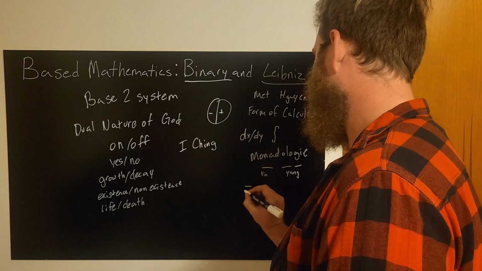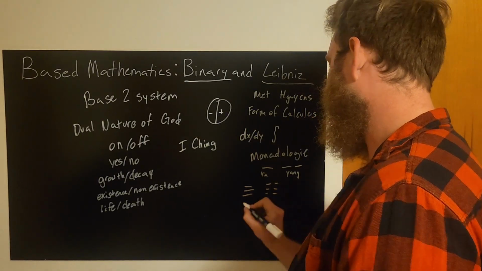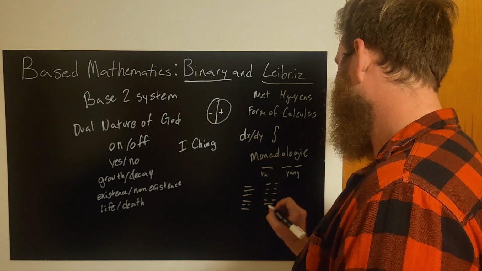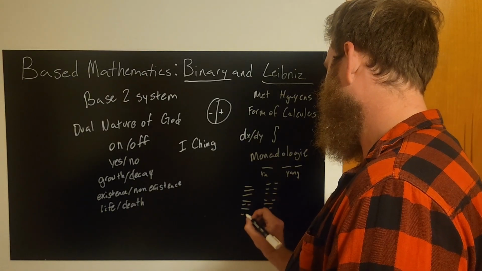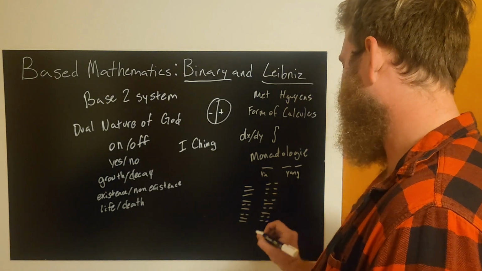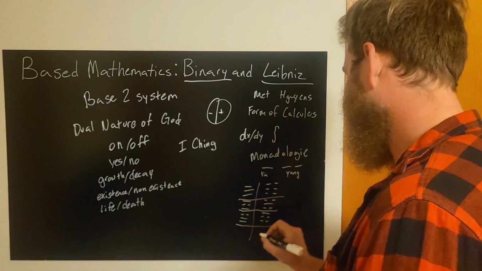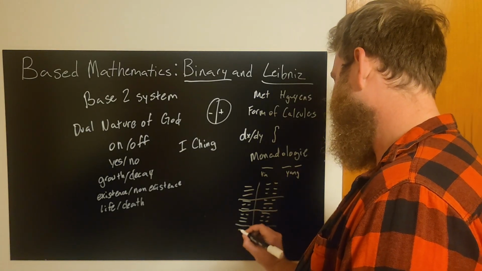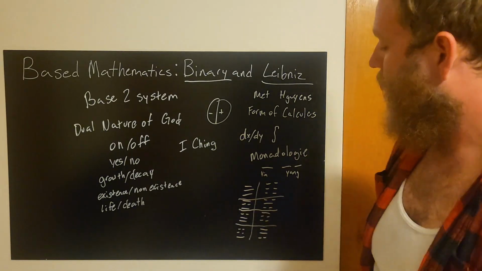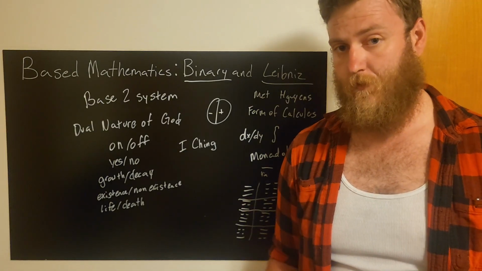And so you can have that, that, that, that, that, that, and that. So you have 8 of these little formations.